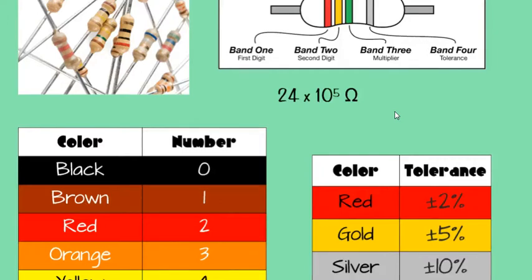So, taking a look at this resistor here, that fourth band is silver, which corresponds to plus or minus 10%. What that means is that this resistor with these 3 colors on it may actually be 10% more or 10% less than this coded value. Tolerance, again, is just a necessary evil in some ways.